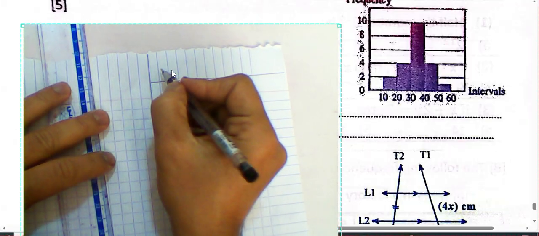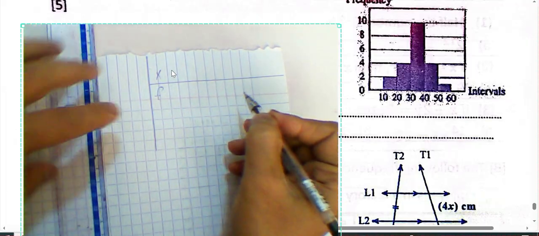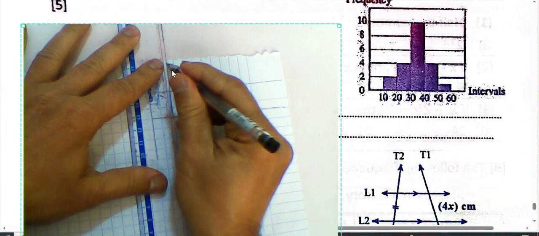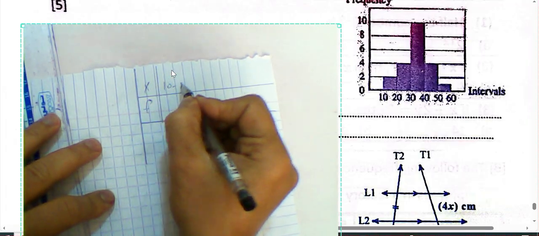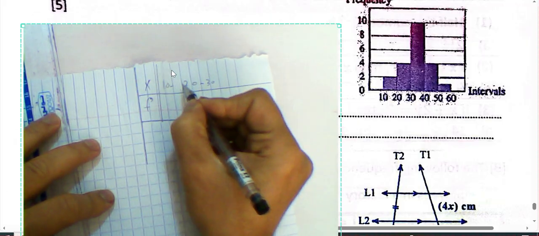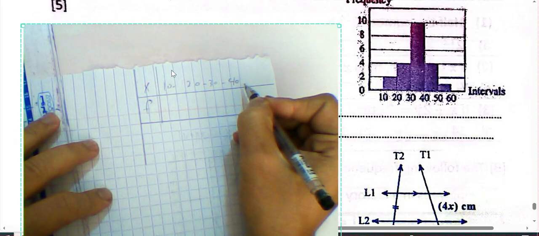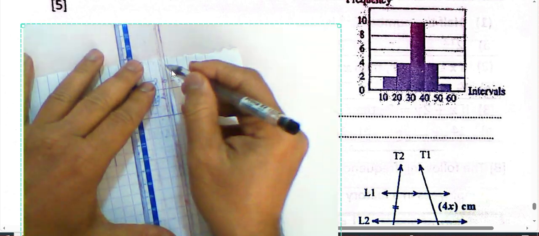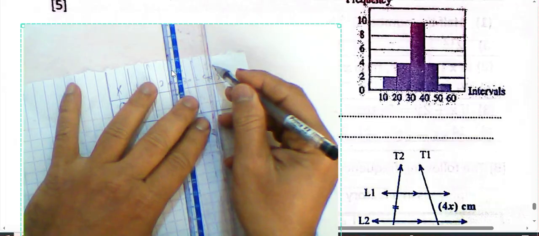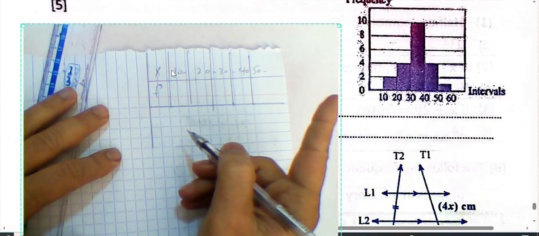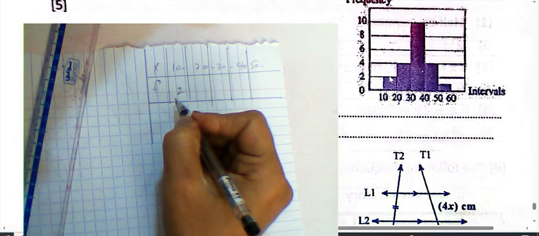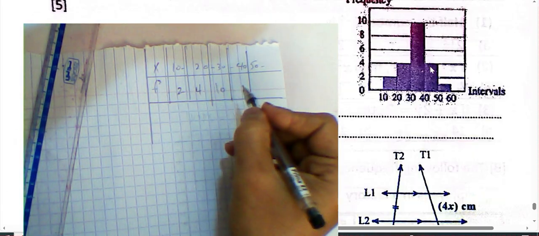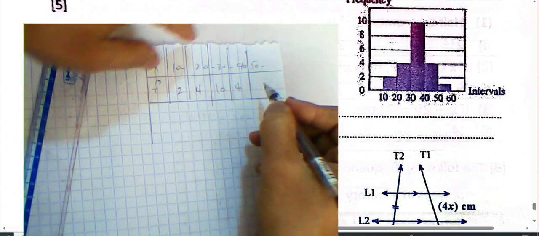The first set from 10 to 20, 20 to 30, 30 to 40, 40 to 50, and 50 to 60. You can read the answer from the histogram, it's direct. Look here, we have 2 first, and the next interval 4, the third 10, the fourth 4, the last one 1.